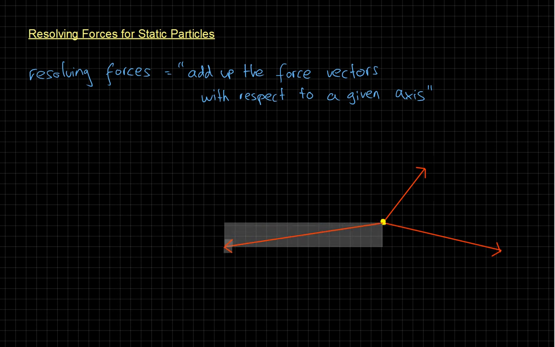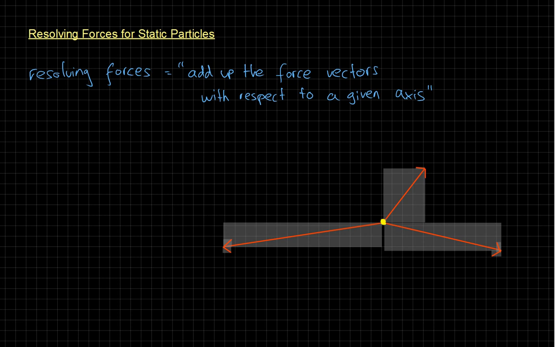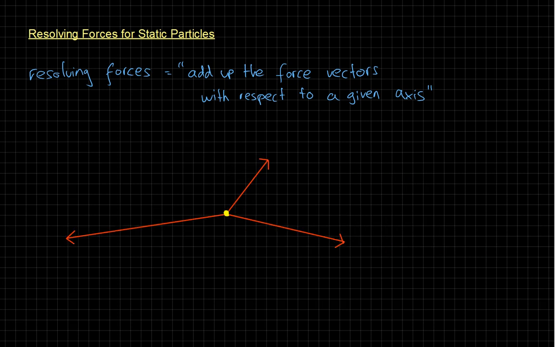From the way I drew those three vectors, you know that object's not going to move, because what happens if I add up these three vectors, put them head to tail? That's what adding up vectors is, geometrically. If I gave you specific values for these three vectors and you added them up, you would get 0, 0 as your resultant force, because geometrically they add up to end up where they started. So this is a static particle right here, this yellow object.